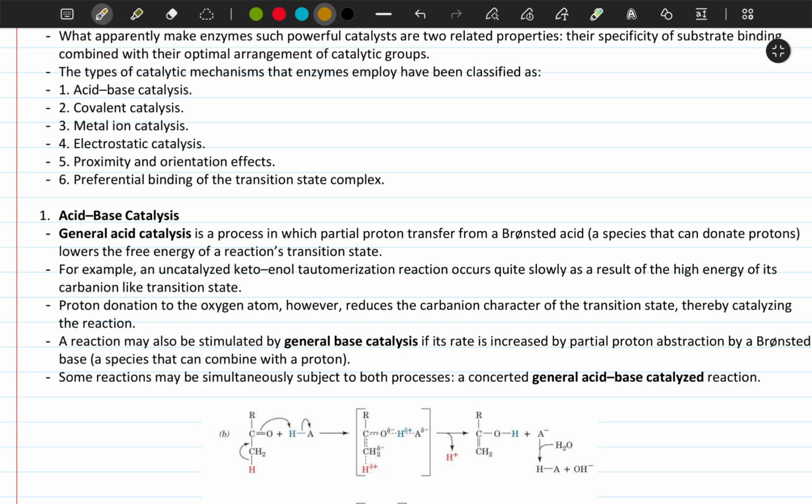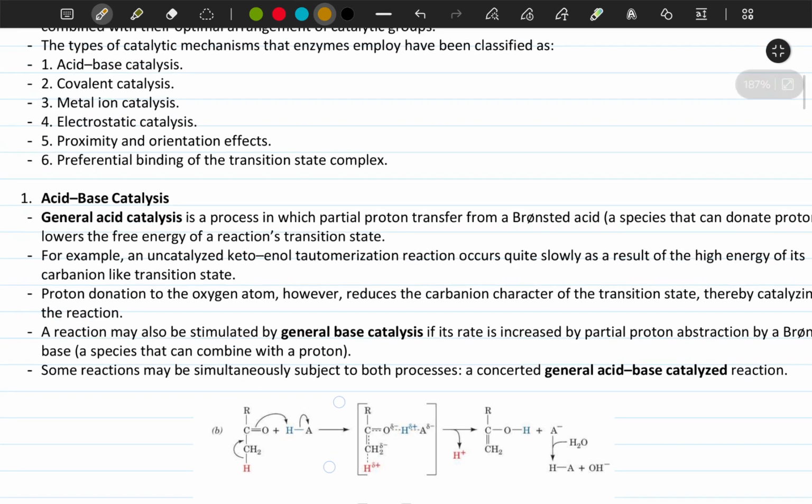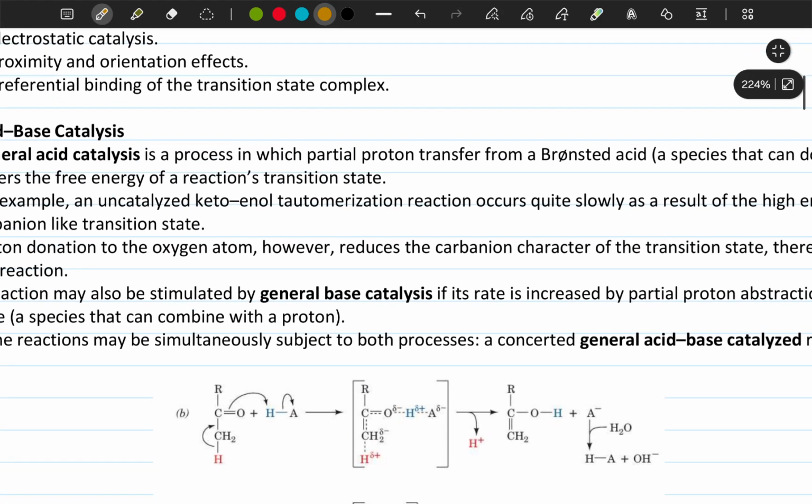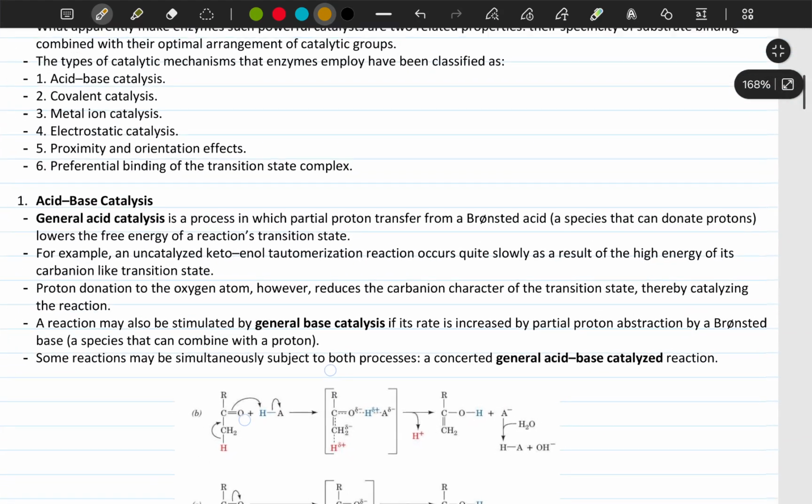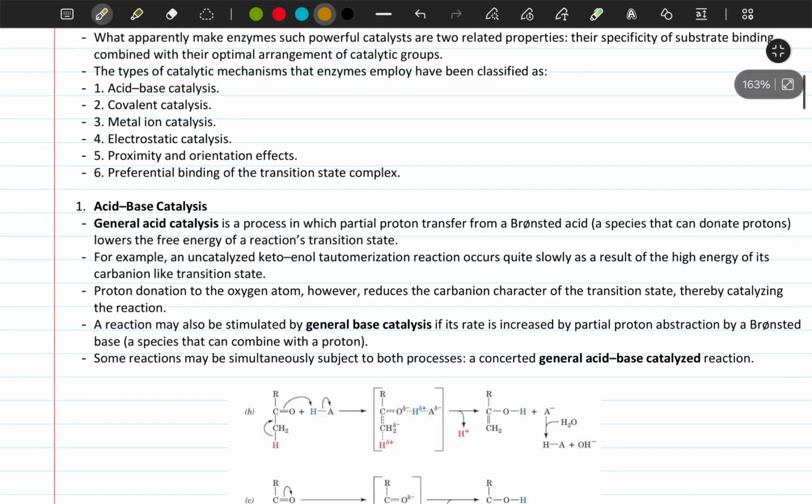Acid-base catalysis, also known as general acid catalysis, is a process in which partial proton transfer from a Bronsted acid, a species that can donate a proton, lowers the free energy of the reaction's transition state.